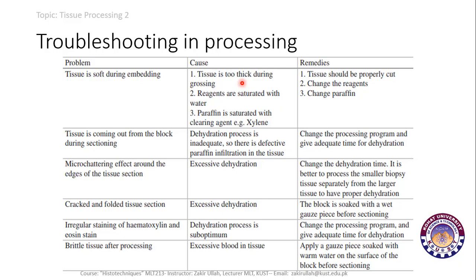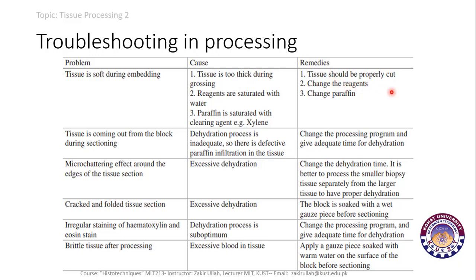The second cause of softening during embedding is that the reagents are saturated with water and have not been changed for a long time. And the third cause is that the paraffin is saturated with clearing agent, that is xylene. So to solve this issue, the tissue should be cut properly during grossing.